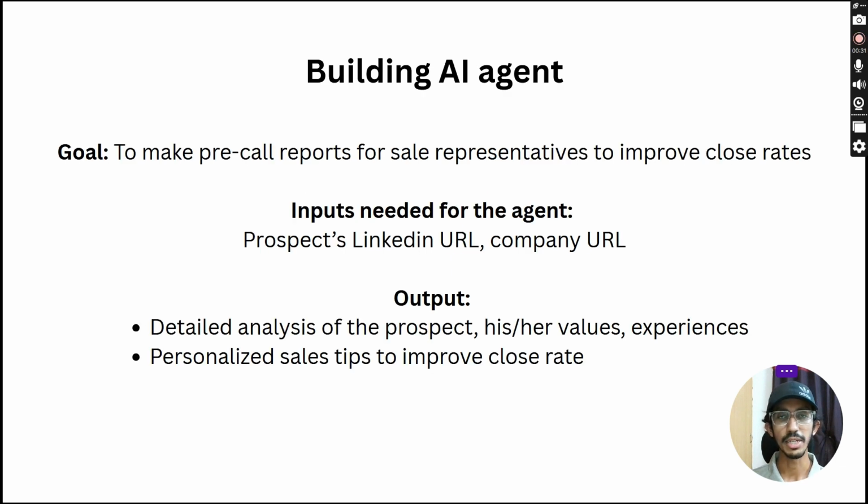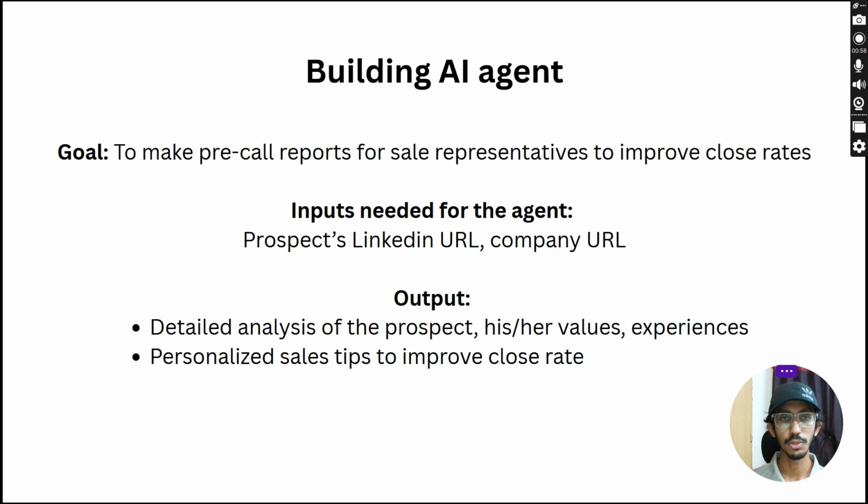So the agent that I'll be building today, its main goal will be to make pre-call reports for sales reps to improve close rates, and our agent will need some inputs, the first one being the prospect's LinkedIn URL and the company URL that the prospect is linked to.